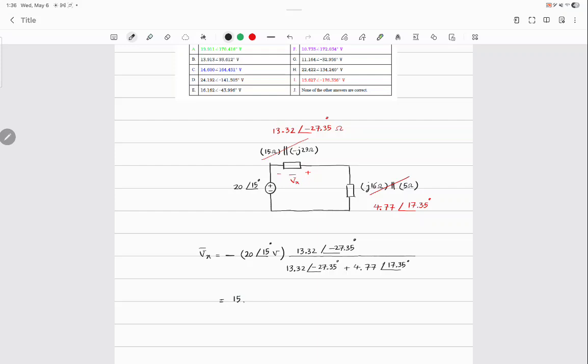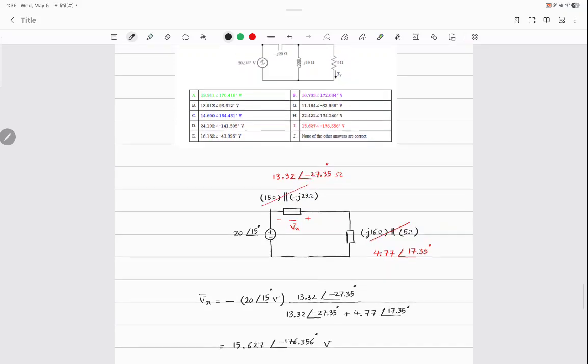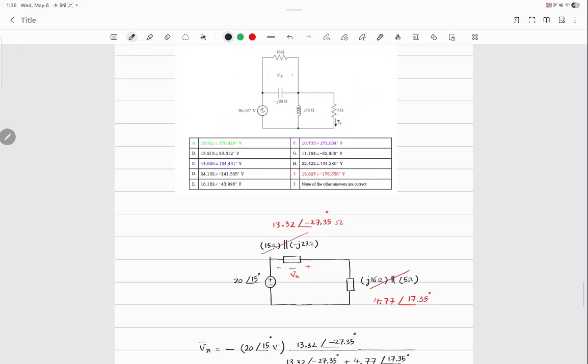Tell me if you're getting this. Are you? Okay. And that is your Vx. How do you find Iy?